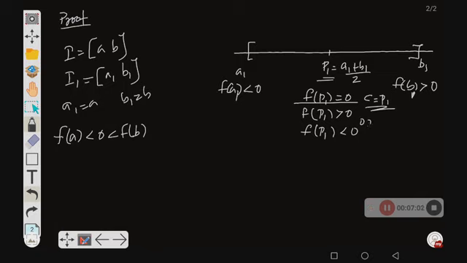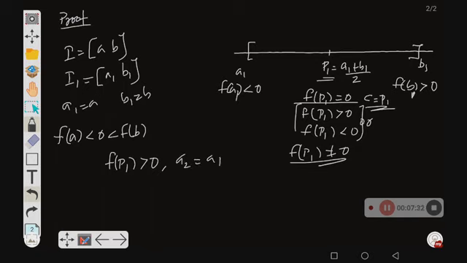Okay, but if f of p1 is not equal to 0, then one of these two conditions will hold: either f of p1 is greater than 0 or f of p1 is less than 0. If f of p1 is greater than 0, we set a2 as a1 and b2 as p1.